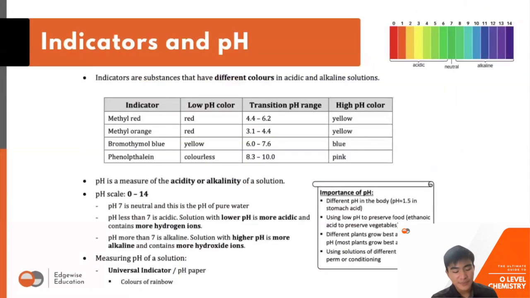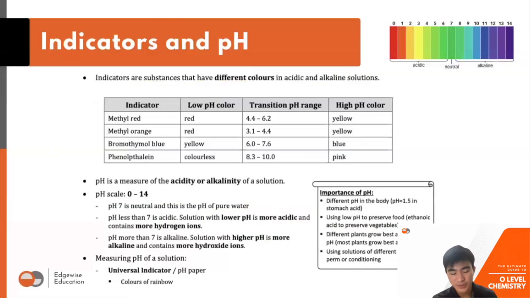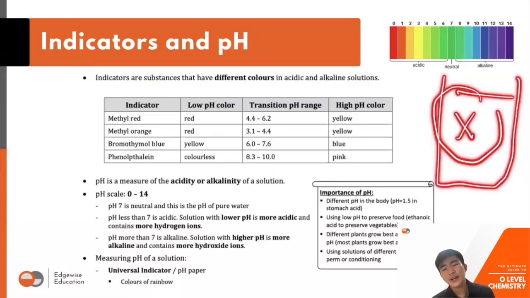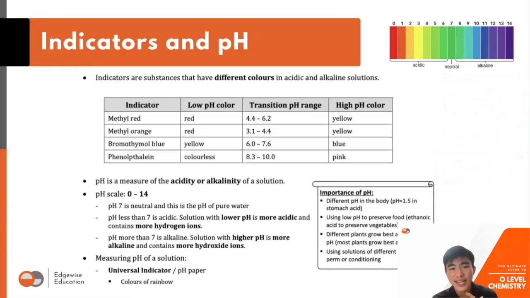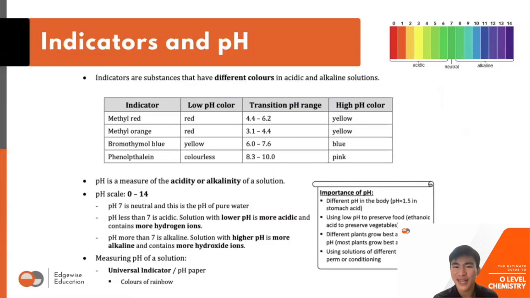Now, with this understanding of bases and alkalis, let's move on to indicators and pH. If I give you a solution, maybe X, I want you to tell me without drinking it whether it's alkaline or acid. I drink lemon juice, sour, so it's acid.